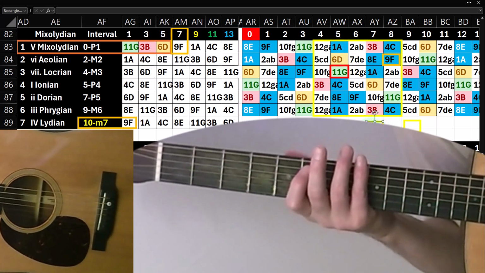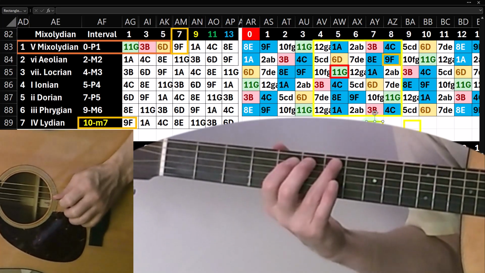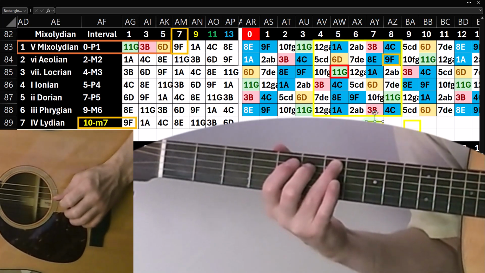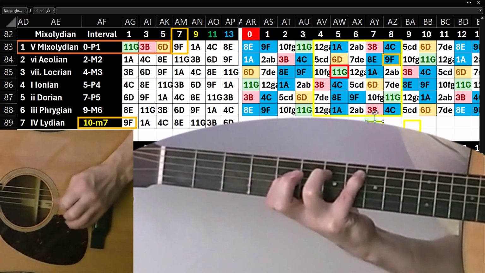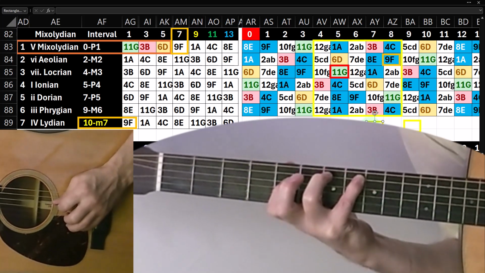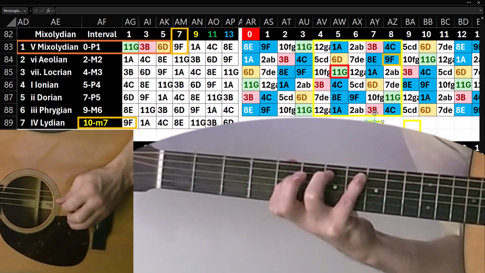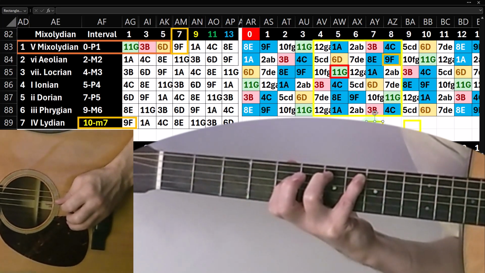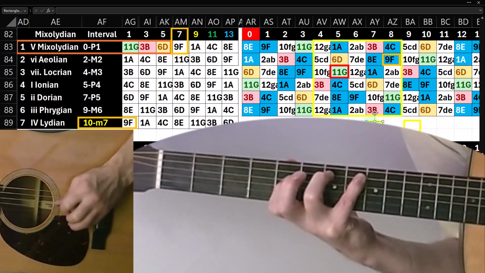So if I go from top to bottom, from F to G, that would be a 2 note away major second. Therefore, from bottom to top would be a 10 note away minor 7.